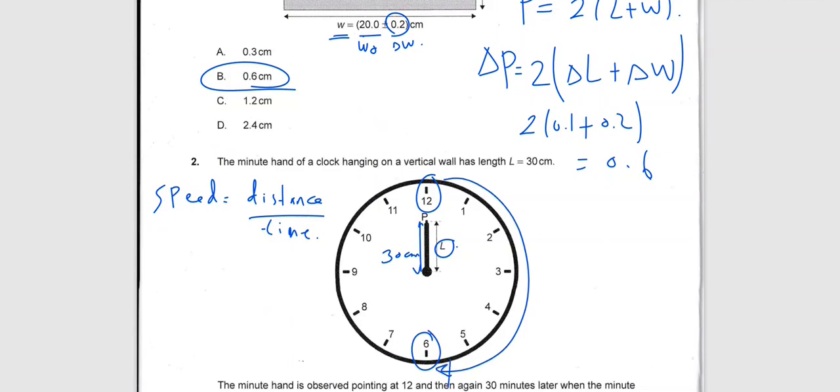So this is half a circle. The circumference of a circle is 2 pi r, so half of the circumference is pi r. So it will be pi times the radius divided by time.